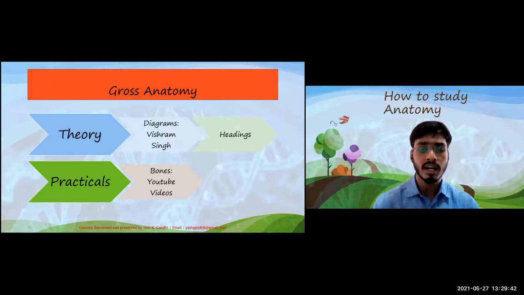But another very good and simple method is YouTube videos. There is a YouTuber called Viren Karya whose videos are very good for understanding the bones. In them, sir also includes different Viva questions and different points which are important while studying that bone or while giving the Viva of that bone.